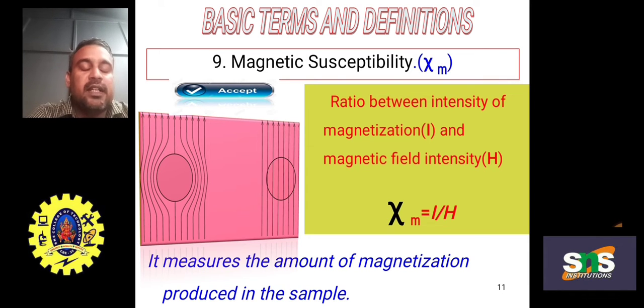That is called a non-magnet, not having a permanent magnetic moment. The second diagram shows the lines of force passing through the material, that is paramagnetism or ferromagnetism. In that case I by H, chi m, is positive, that is a magnet, and when I by H is negative, it is called a non-magnet or diamagnetism.